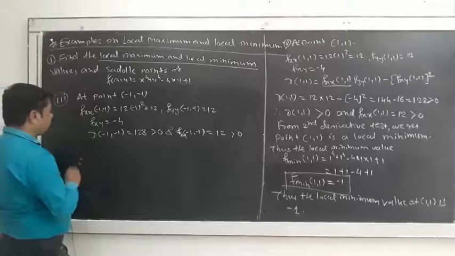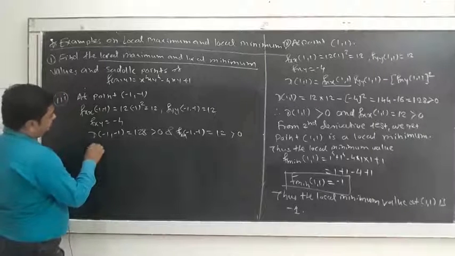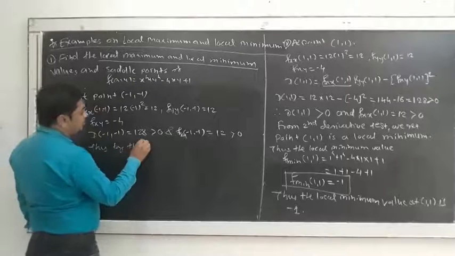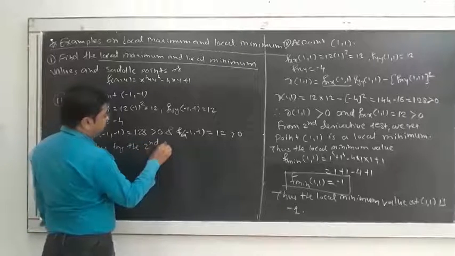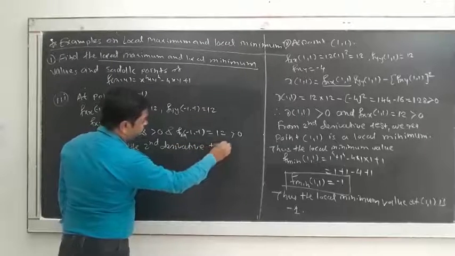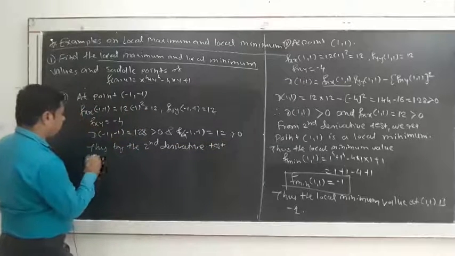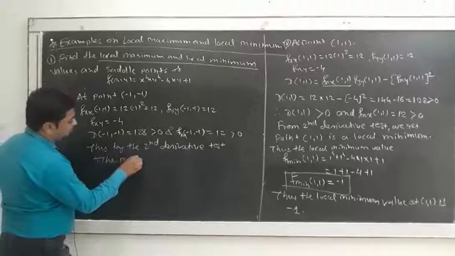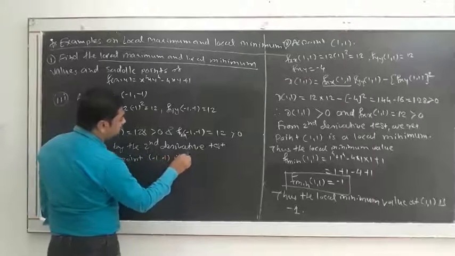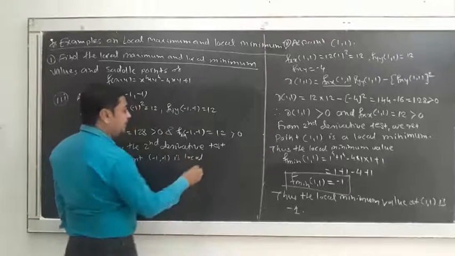Thus, by the second derivative test, the point (-1, -1) is a local minimum.